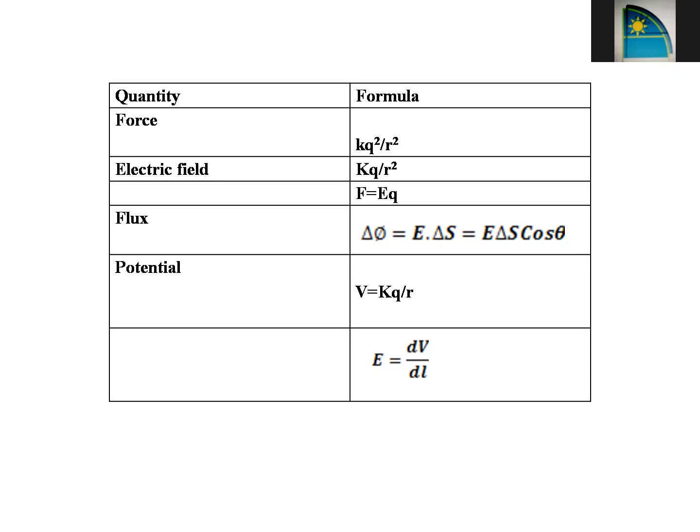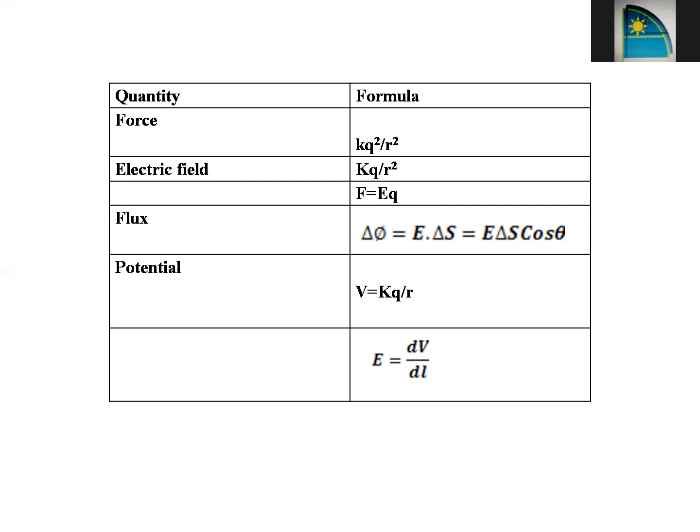Now, electric flux is related to electric field as flux is equal to electric field multiplied by the surface area, and actually they make a cos of angle between each other. And then potential and field are related to each other as field is equal to potential divided by distance.